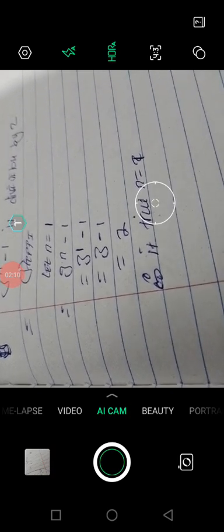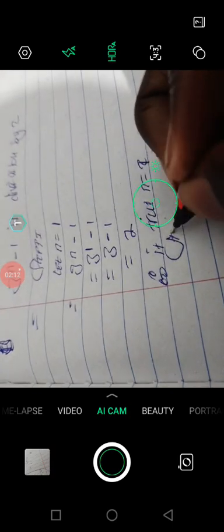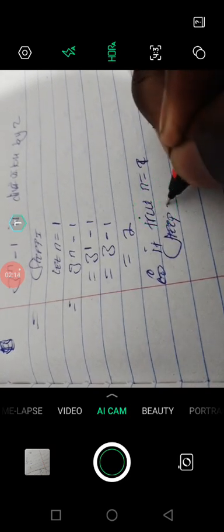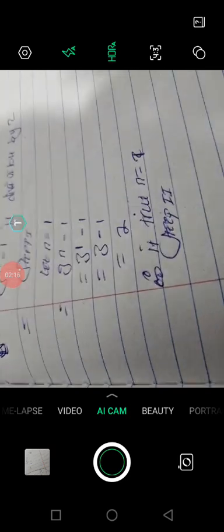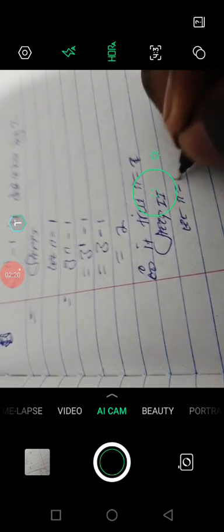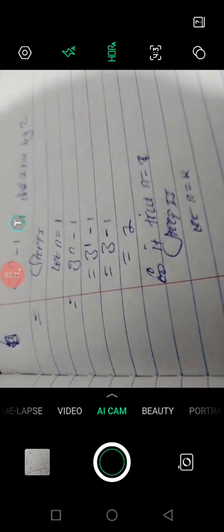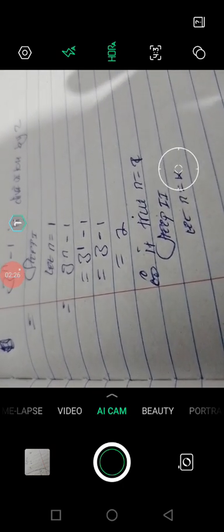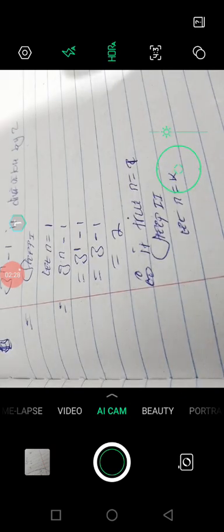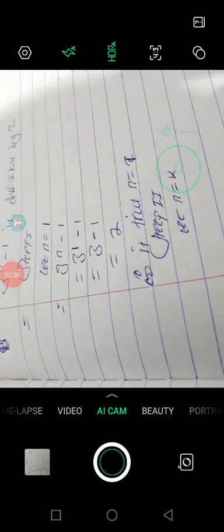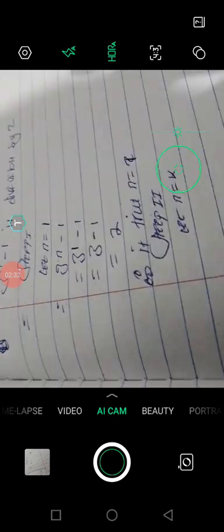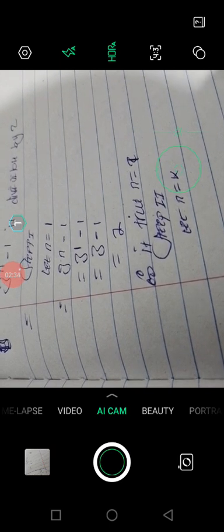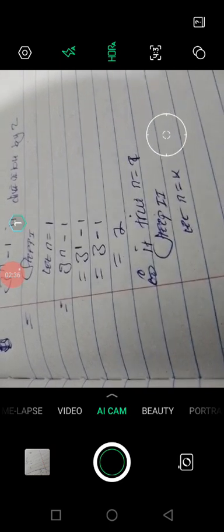So here we go to step 2. Step 2 is let n is equal to k, always. Even if you have been given a condition, it is a law, in fact a principle, and a law can be broken down.